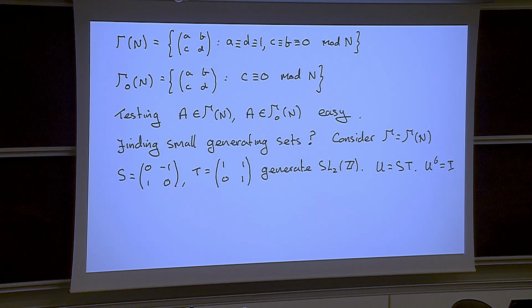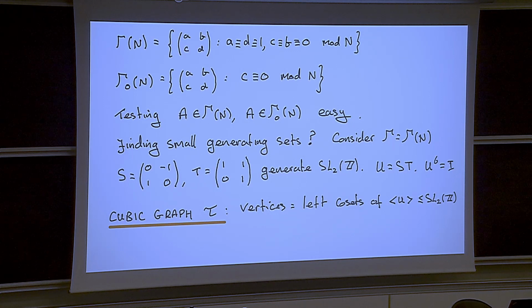U to the 6 is the identity. But I'm not interested in generators of SL2Z. I'm interested in generators of a finite index subgroup, which you can do using Reidemeister-Schreier, but there are maybe other ways to do it as well, and I'll describe another way.